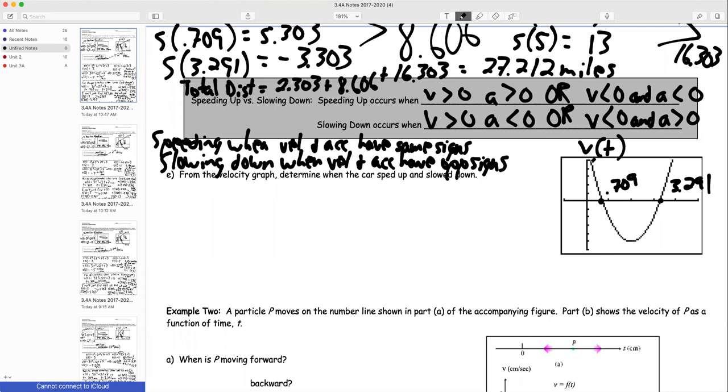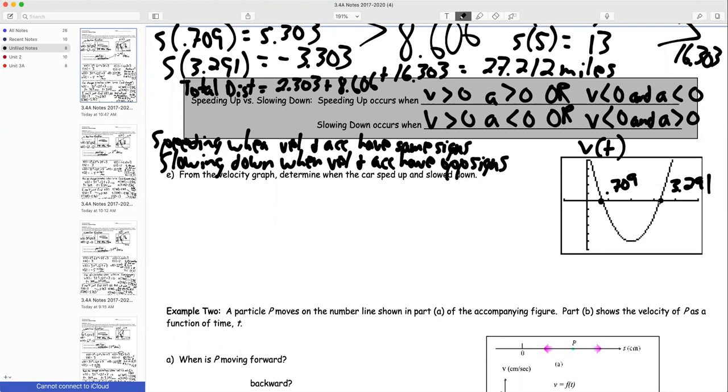My acceleration, however, is negative because I have a negative slope. Then from 0.709 to the minimum here at 2, velocity is below the x-axis. Therefore, velocity is negative. Acceleration is negative. They have the same signs. Therefore, the object is speeding up.